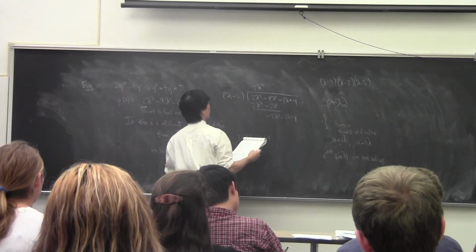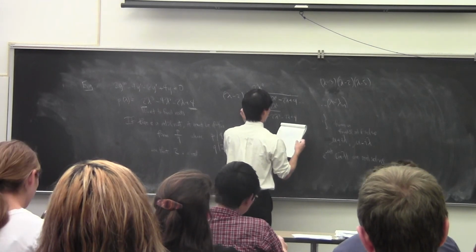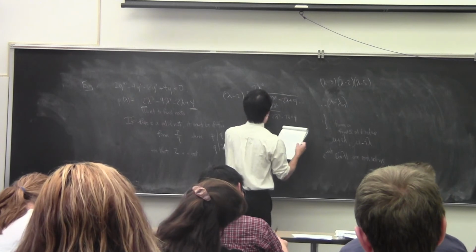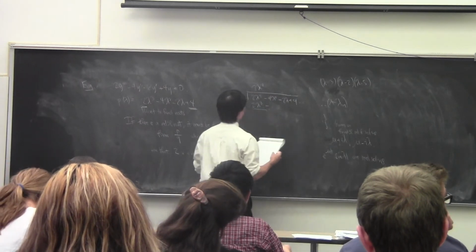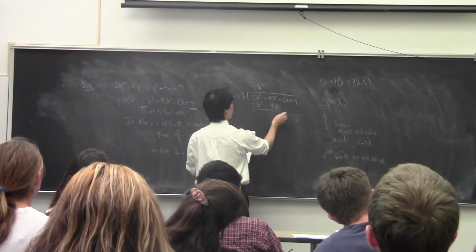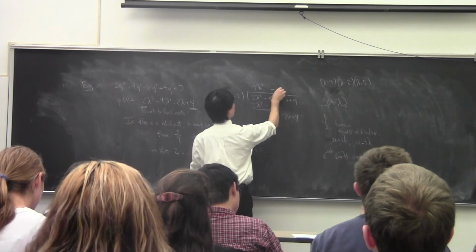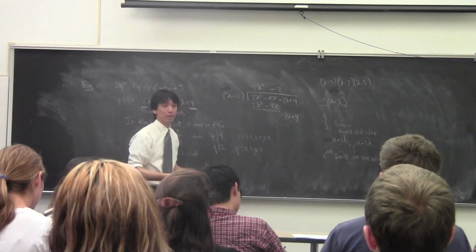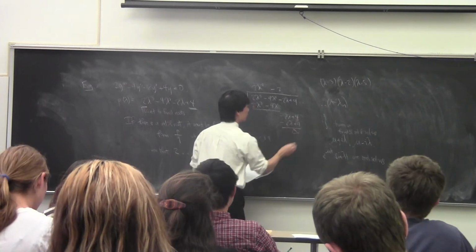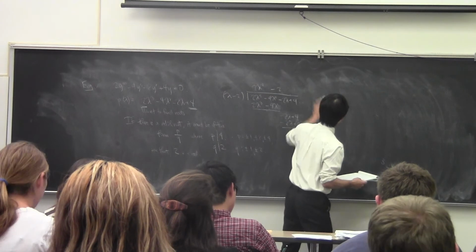No, I'm sorry. Sorry, this should be 4. So you get 4 lambda squared. That becomes 0, you get minus 2 lambda plus 4, and so you get minus 2 lambda plus 4.